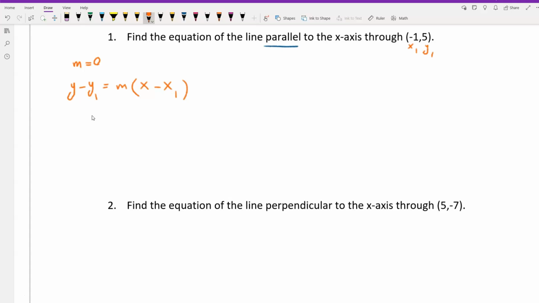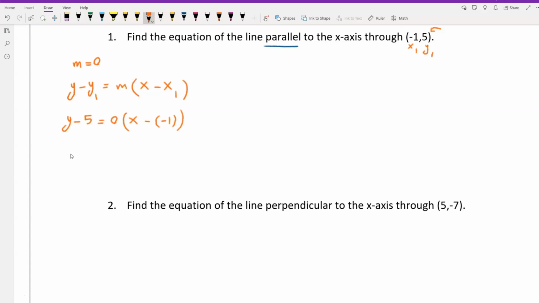I'm using y minus y1 equal to m times x minus x1, and based on what is given here, x1 is -1 and y1 is +5. So y minus y1 equal to our slope 0 times x minus x1, which is -1.